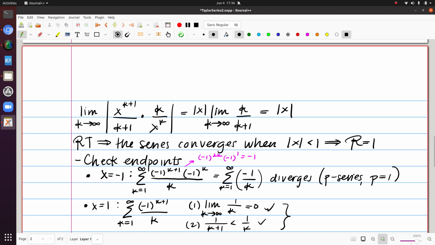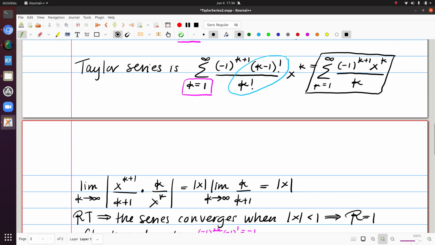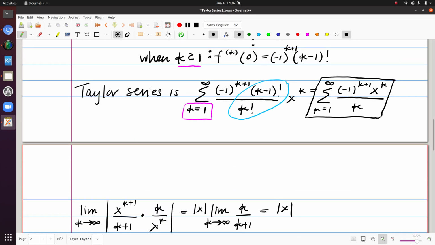So this tells us that this series converges by the alternating series test. So what that means is that this is our Taylor series, and the interval now, we know the endpoints are -1 and 1. Now what we've found is that we get divergence at the left endpoint and convergence at the right endpoint.